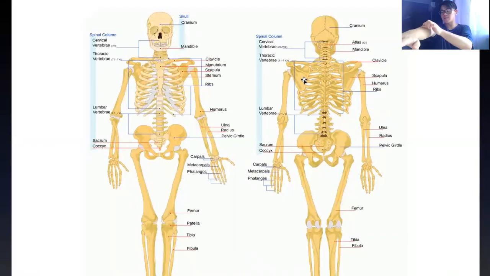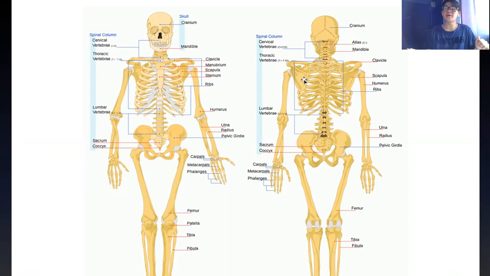So R for radius, U for ulna, under. That's how you remember. Those are the important bones that you need to remember, right? If there is anything you couldn't remember, that's fine as well.